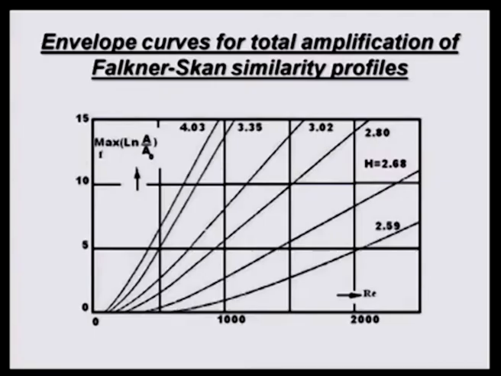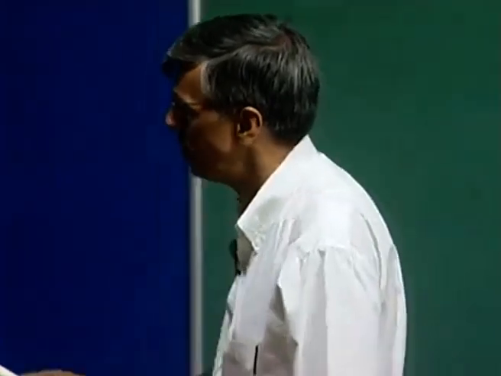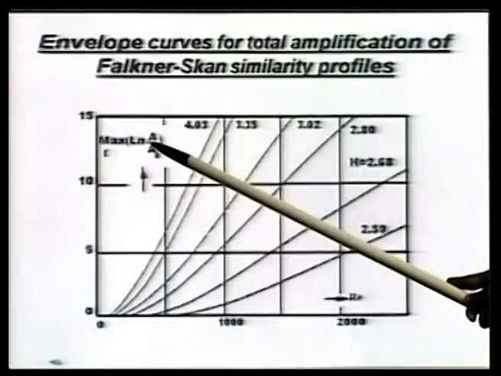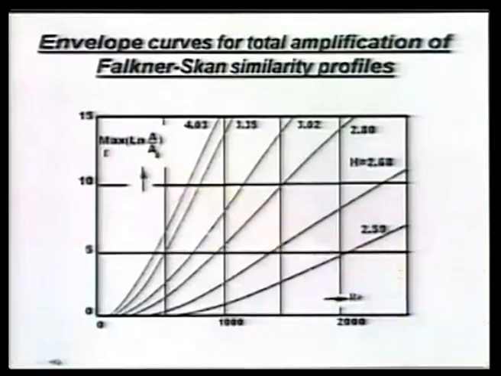Recall, we plotted that capital N factor, which was nothing but the maximum of ln A by A naught scanned over all possible frequencies. Now, what we have done here is plot that N factor variation with RE for different values of shape factor.